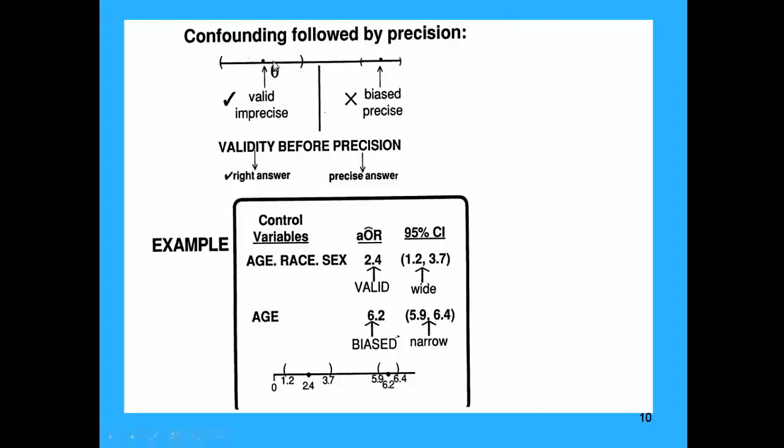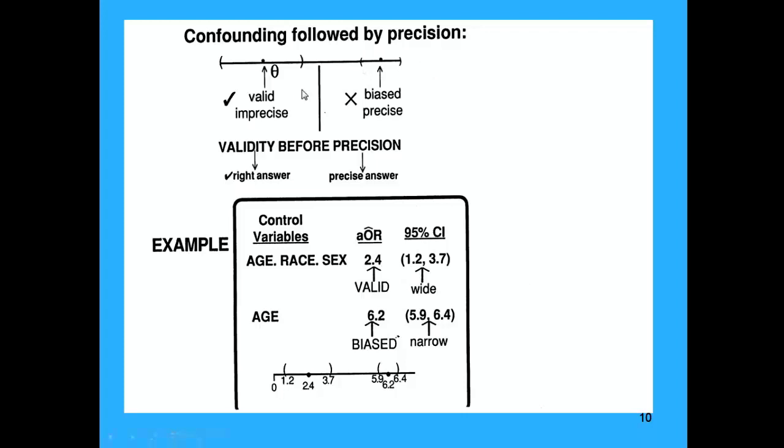And it turns out that you did your analysis one of two ways. You did one analysis to give you this odds ratio, and you did another analysis to give you this odds ratio. Okay, which of these two estimates is more precise?